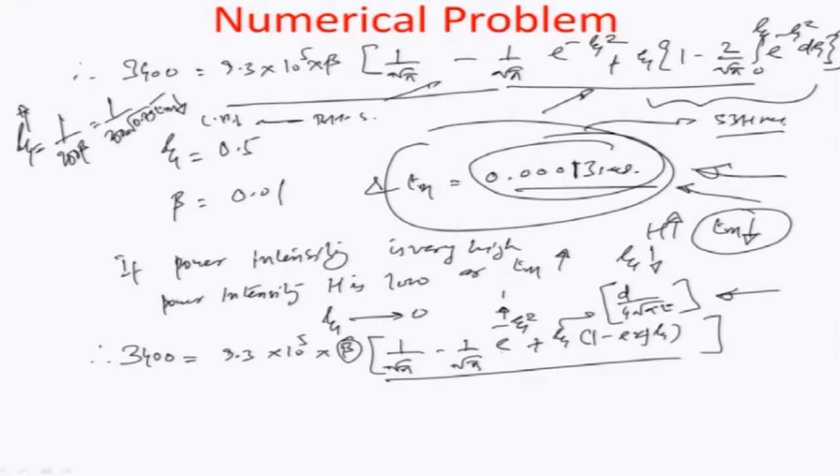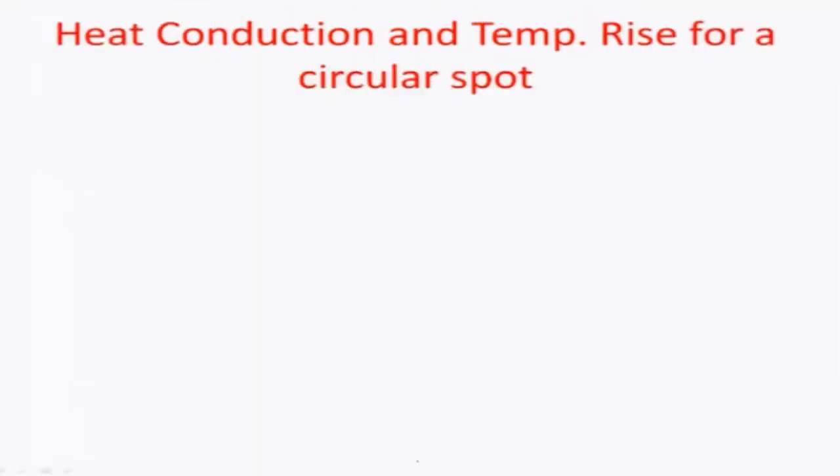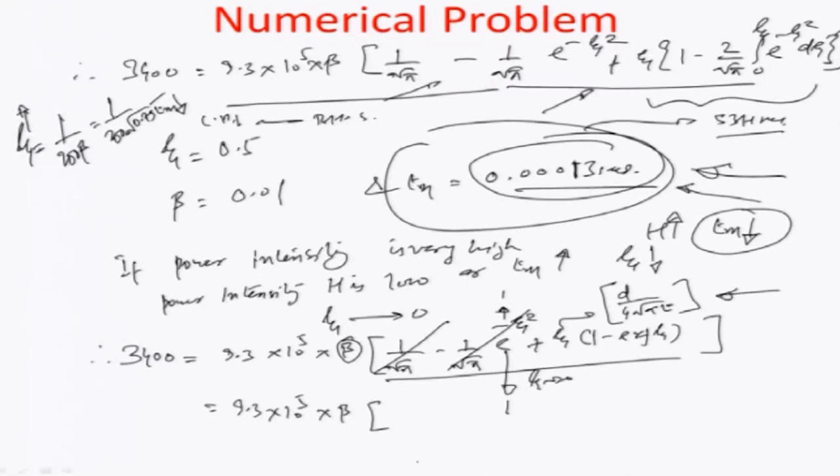So, one thing is that if this goes to 1 corresponding to zeta tending to 0, these two terms 1 by pi cancel with each other, and we are left with 9.3 10 to the power of 5 times beta times zeta. Let us just write the value of zeta here, which is d by 4 root of alpha t on the surface corresponding to z equal to 0, times 1 minus the error function of the value zeta.